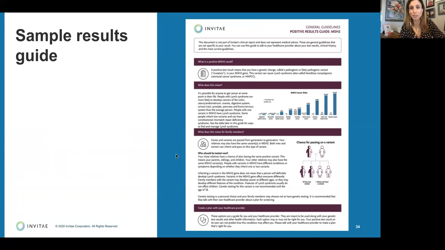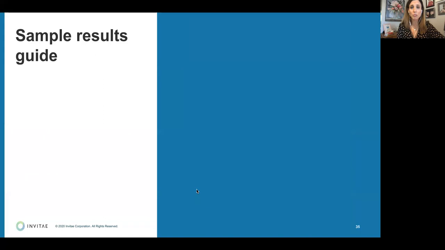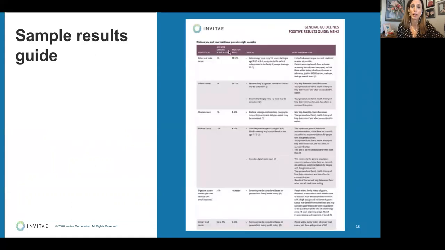So in this case, this is an MSH2 guide, which talks about what disease MSH2 is associated with, which is Lynch syndrome, what the cancer risks are in association with Lynch syndrome, how Lynch syndrome is inherited, and then goes on the second page to outline what the current NCCN recommendations are for individuals who have Lynch syndrome, broken down by organ type, and what sort of screening or surgical or chemopreventive options are available to the patients.